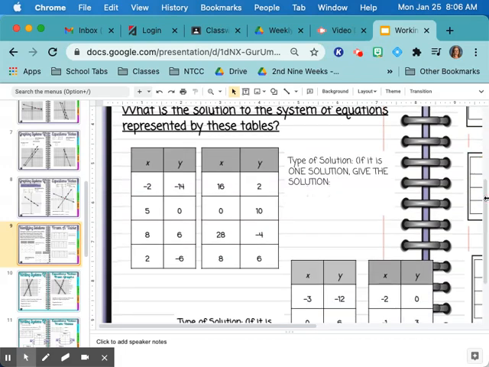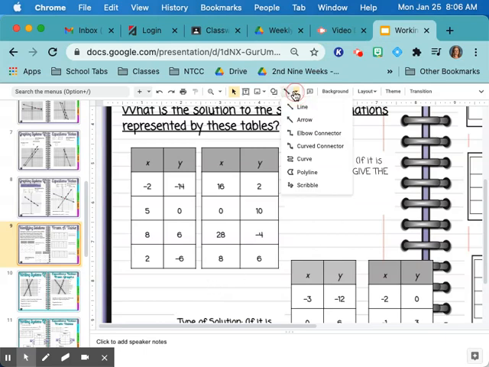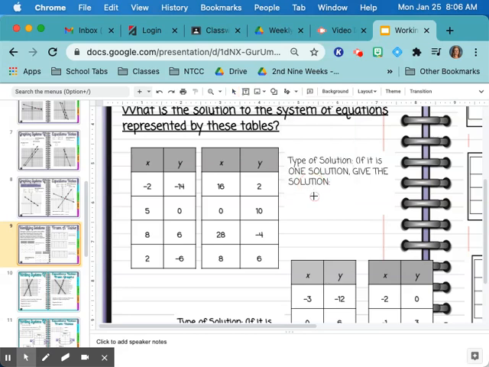So type of solution. If it is one solution, give the solution. So let's look on here. Is there any point that they are the exact same? Yep. So let's do our scribble. Oh, why am I doing that? I don't know. Yeah, 8, 6.